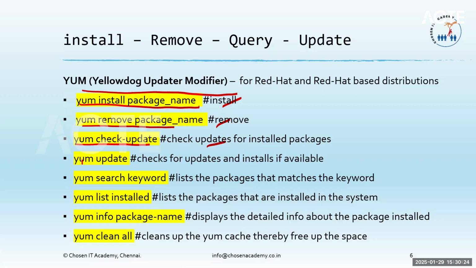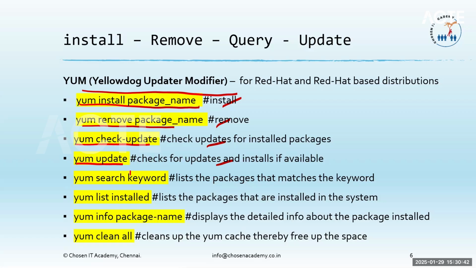And if you want to go ahead with upgrading our packages, we can give yum update. This will check for the updates and install the updated packages based on availability.